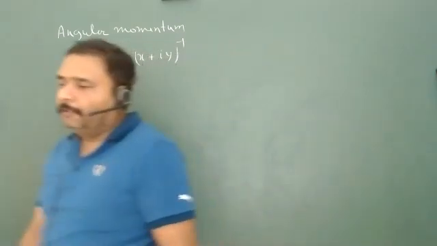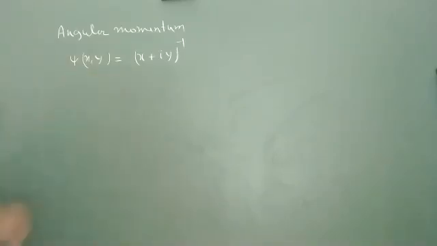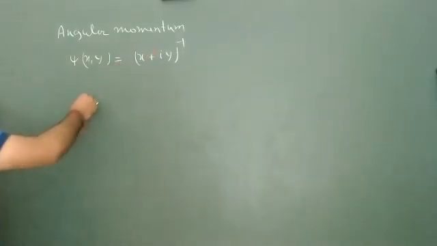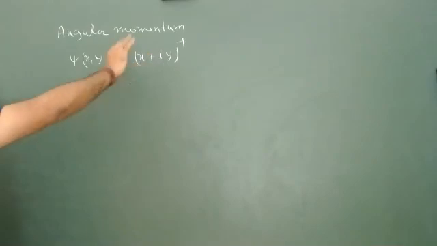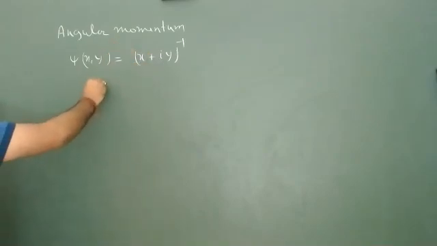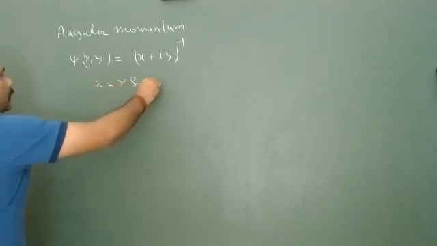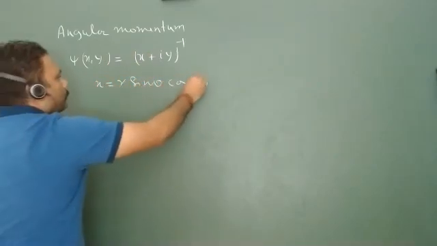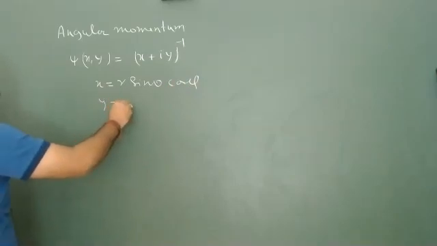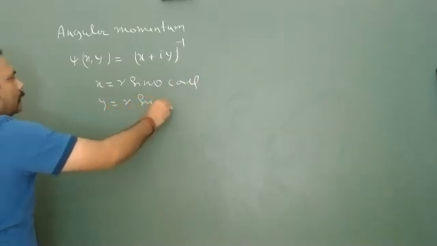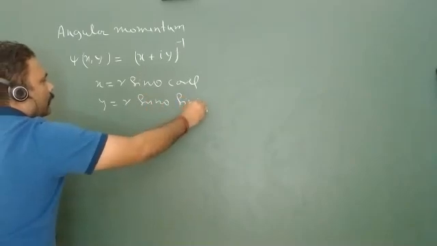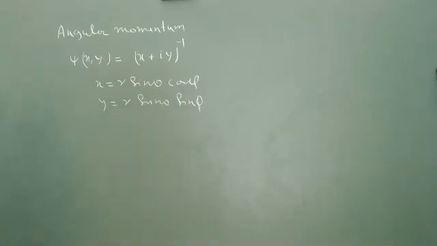This is all the story of angular momentum algebra whenever it is given in functional form. So what is my next duty? Straightforward: convert it into spherical polar coordinates. I can put x equal to r sin theta cos phi, y equal to r sin theta sin phi.